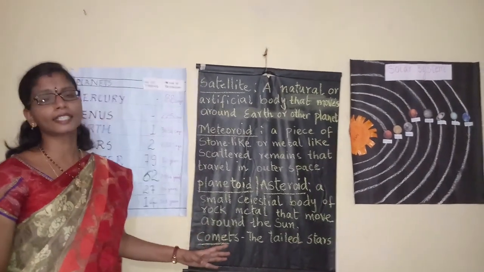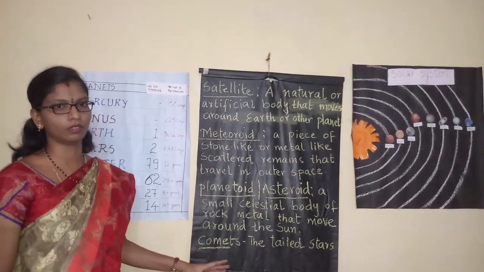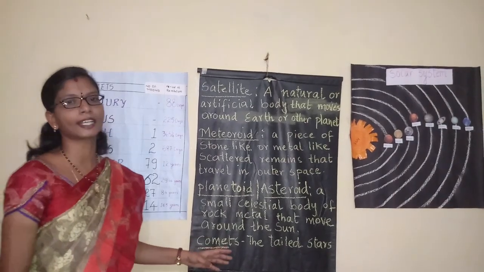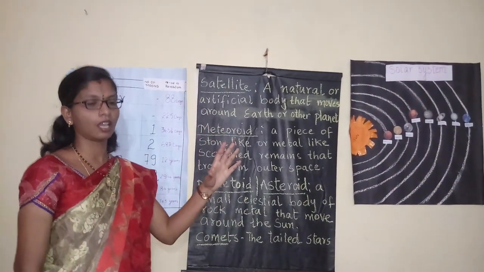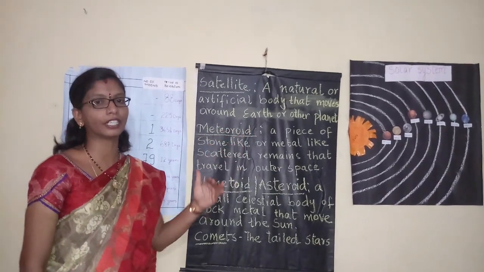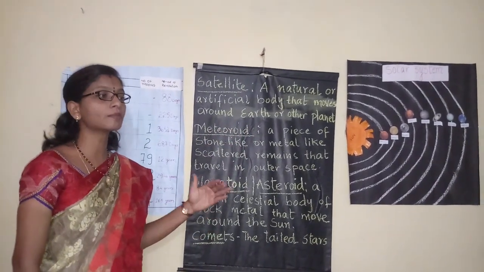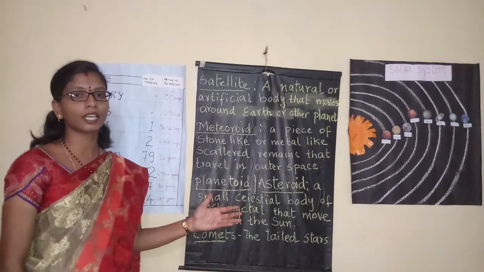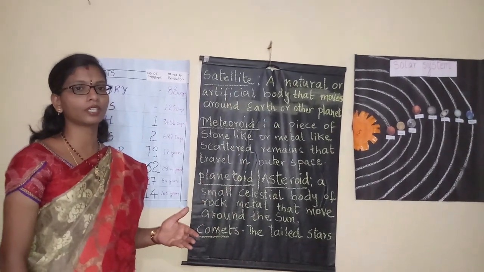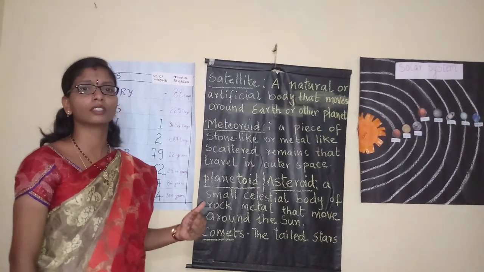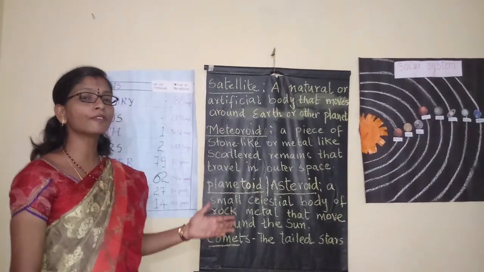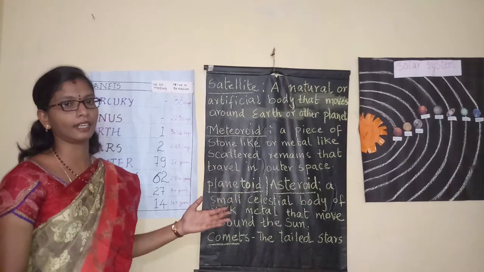The natural satellites are known as the moons, whereas the artificial satellites are the objects which are sent into the space from where they send the signals, and it helps in the communication through internet, the telephone which we are using, the mobiles, and the weather forecasting which we are receiving, the television, the radio signals. Everything is possible because of the satellites.